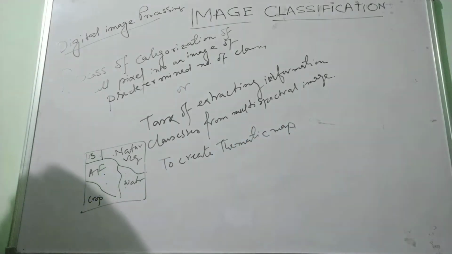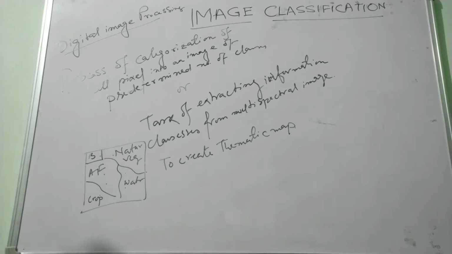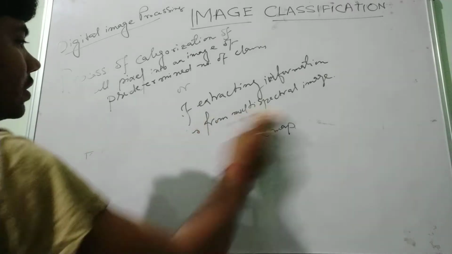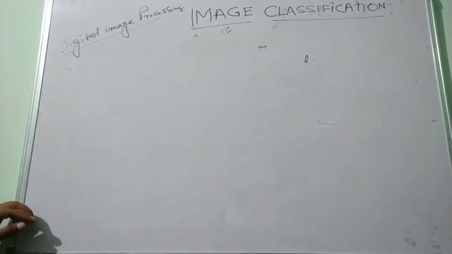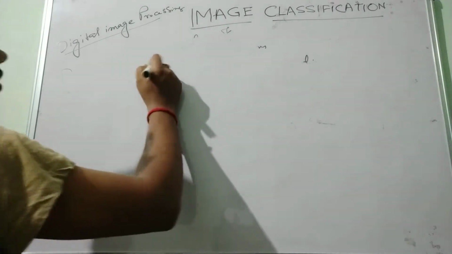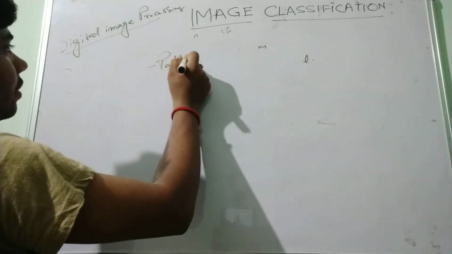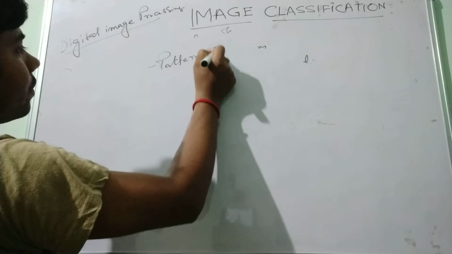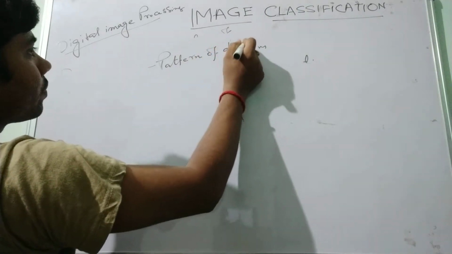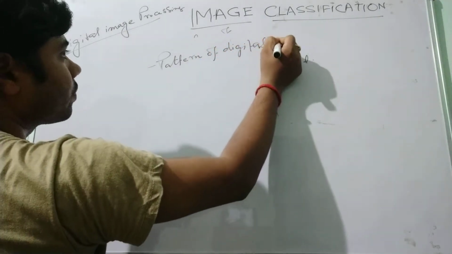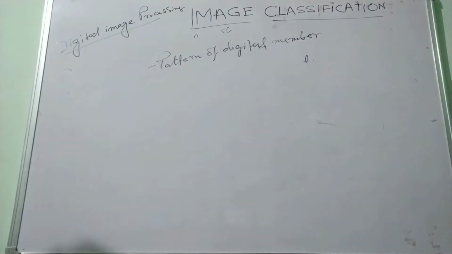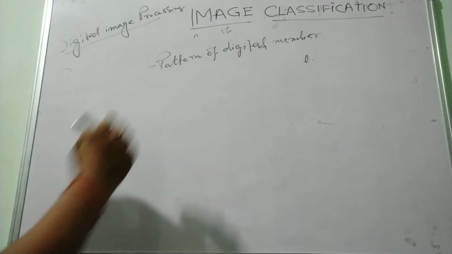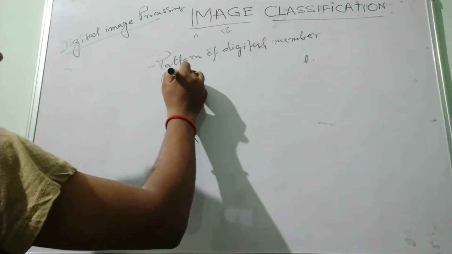Right? So this classification method is based on some succeeding operation. First, the pattern of DN or digital number, that is usually derived from multi-channel data.